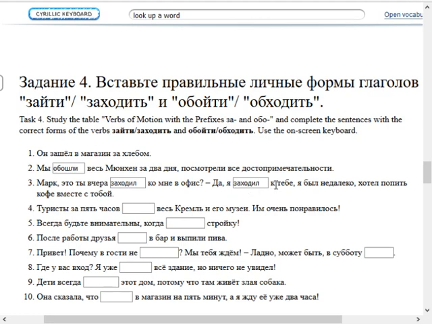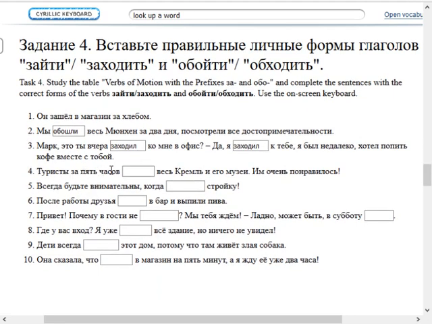Yes, I stopped in by you or at your place or your office. Я был недалеко. I was not far away, or in English you'd say I was in the area, but he's saying I was not far, so I guess that's what he means. Хотел попить кофе вместе с тобой. I wanted to drink coffee together with you.